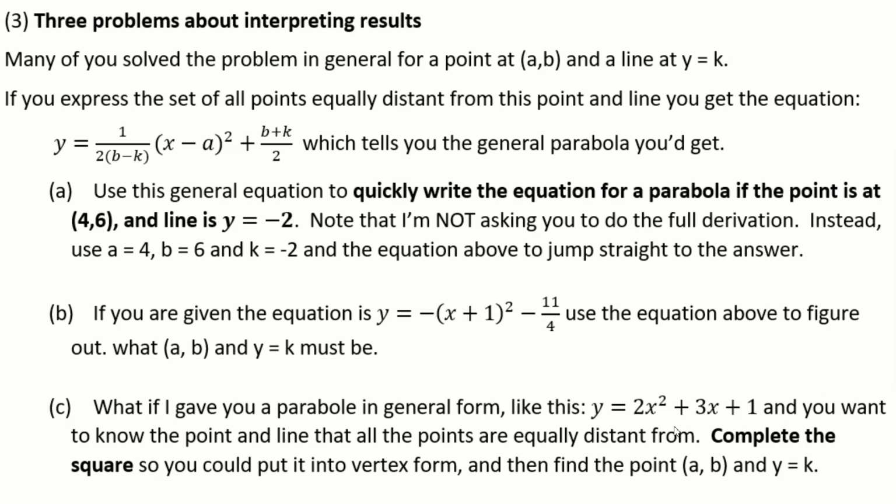So if my parabola is in general form here, the only thing that's really obvious is what the y-intercept is. Here I've got y-intercept 1. But if I can put it in vertex form, now I know where the vertex is. And then I can also relate the equated parts together and figure out A, B, and K. So that was the idea of this set of problems.